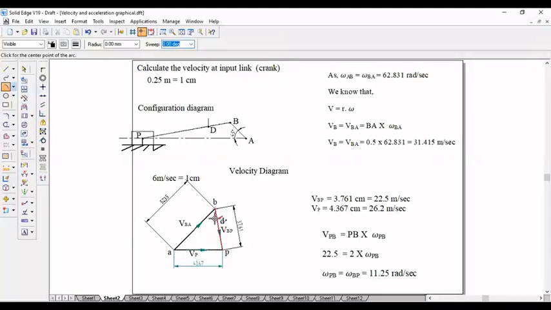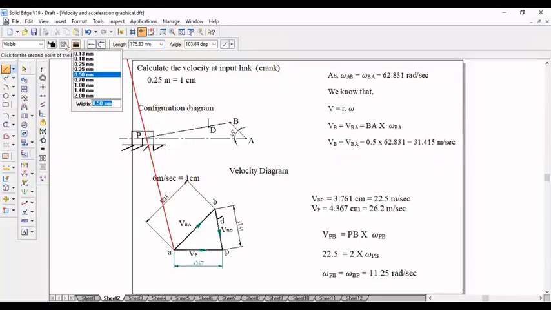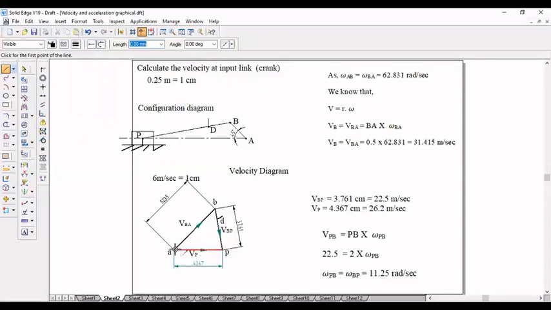So that point is D. Fine. Now I'll draw a line from this particular point till it reaches D. Now, whatever the measurement is there for this line, that is the velocity of D.